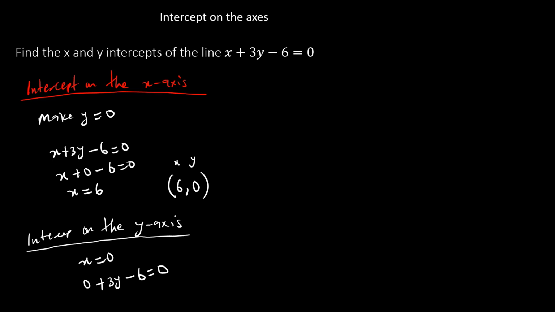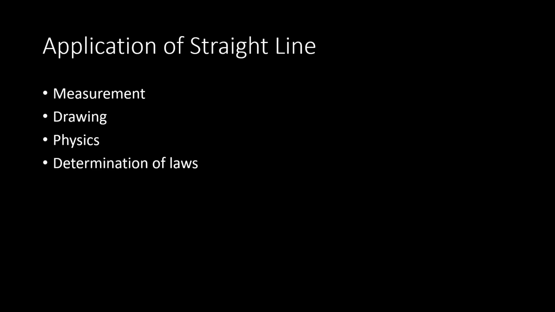And here we have y equal to 6 divided by 3, and this equals 2. Therefore, we have the intercept on the y-axis to be (0, 2). And that is as simple as that, how you can look for the intercepts on the x and y-axis of a given line. That is it. We have come to the end of this tutorial.